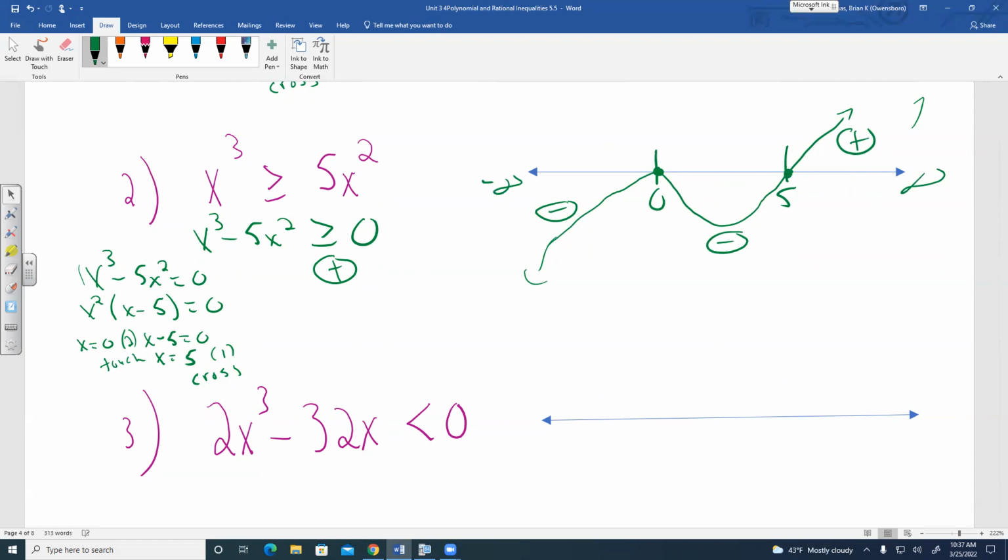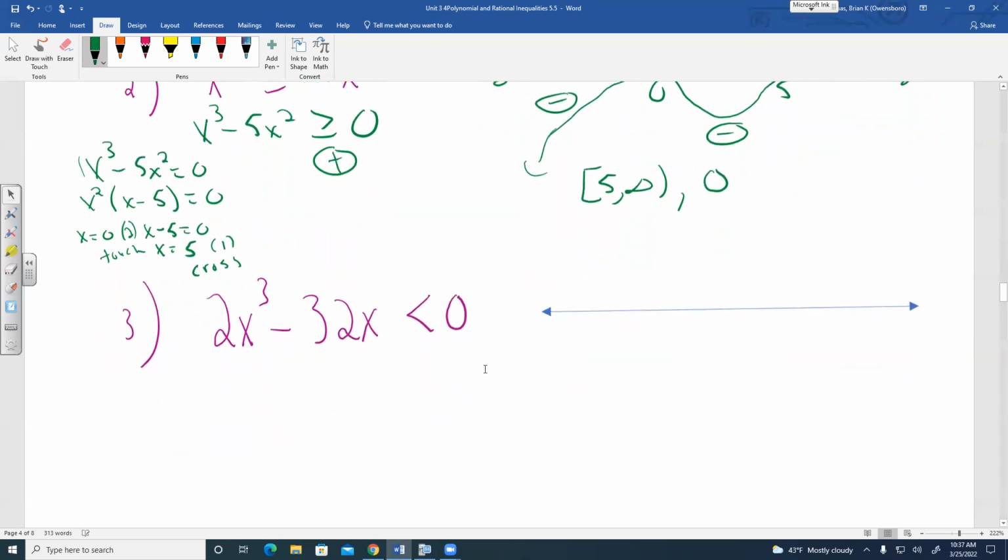But as far as the solutions go, it's 5 or greater. So in other words, we have 5 as our left bound to infinity. And also we just have 0 as a solution as well, since it's a closed point. That means it's part of the answer. So the answer would be an interval and a point, or a 0, if you will.